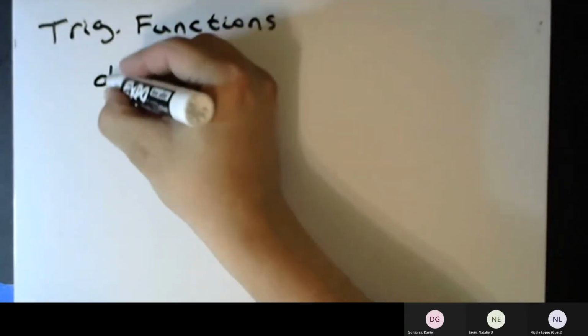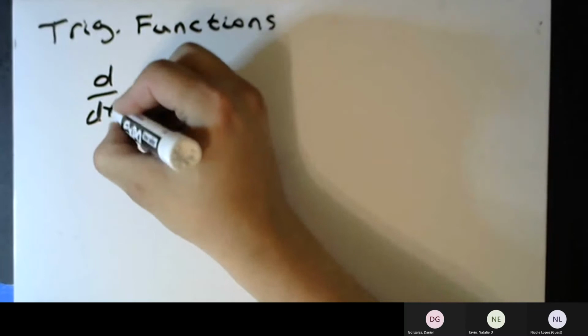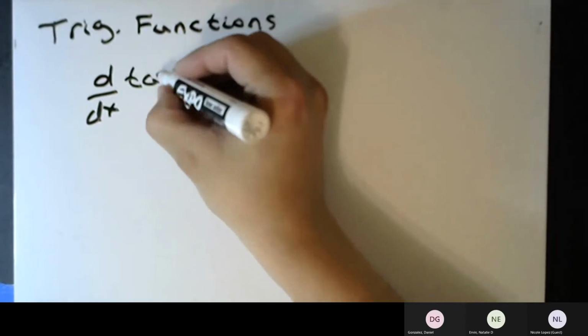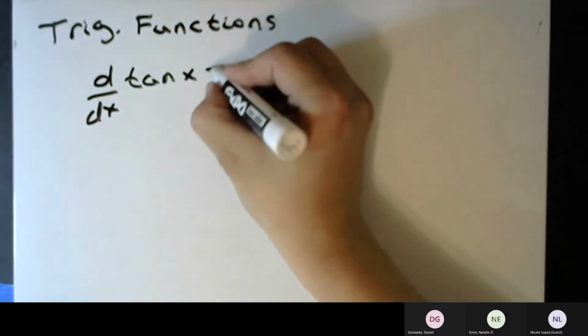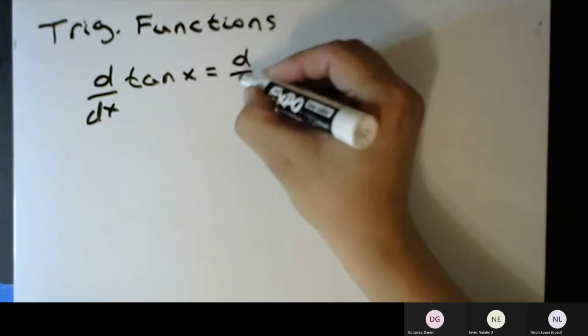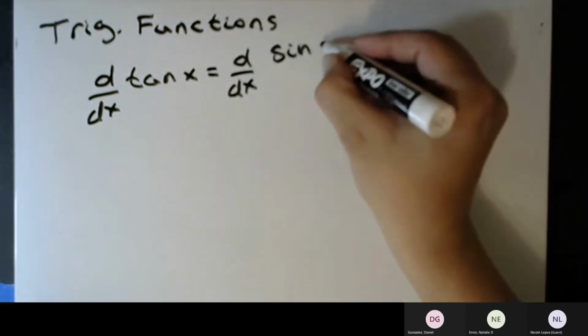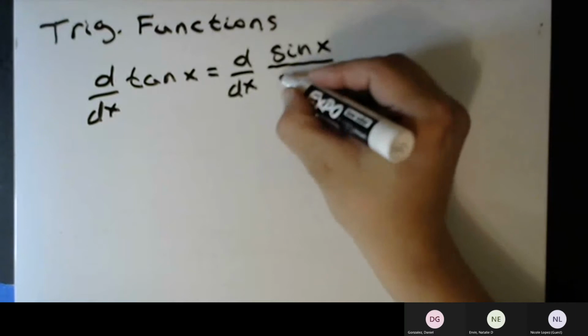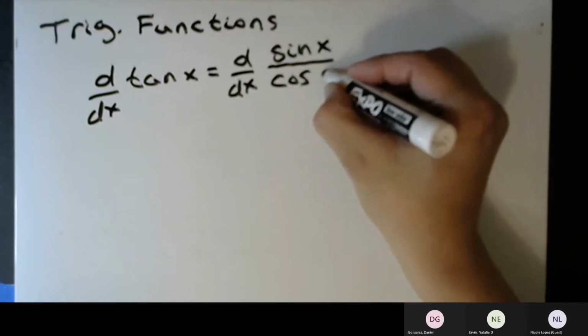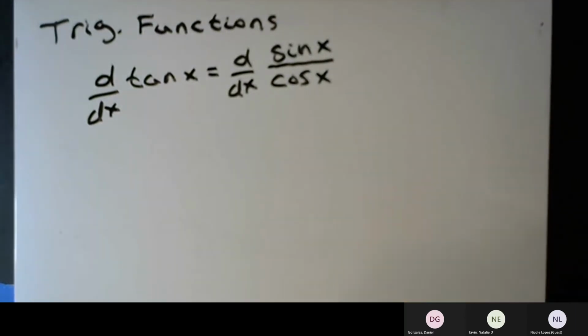So the derivative of the tangent of x, what we'll do is break this down into sine x over cosine x. And we can use the quotient rule.